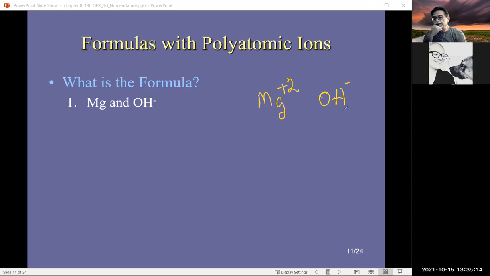Okay, so because I've got a +2 and a -1, I'm going to need 2 hydroxides, and I put in my parentheses because that's what I need to do when I need to show more than one of my polyatomic ions. So I take the charges off and I write the formula Mg(OH)2.